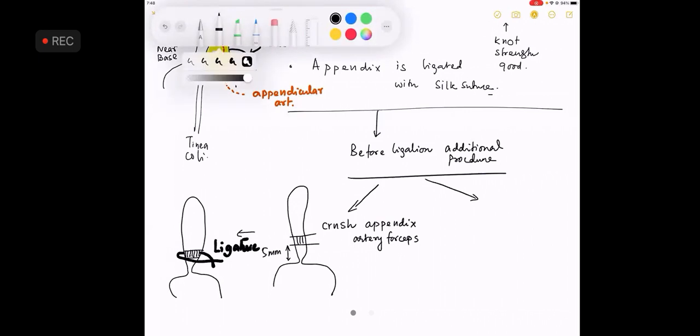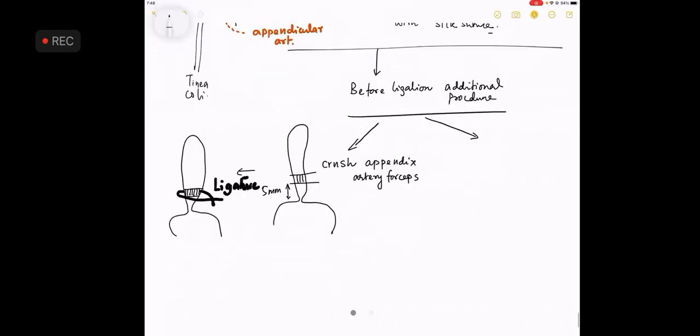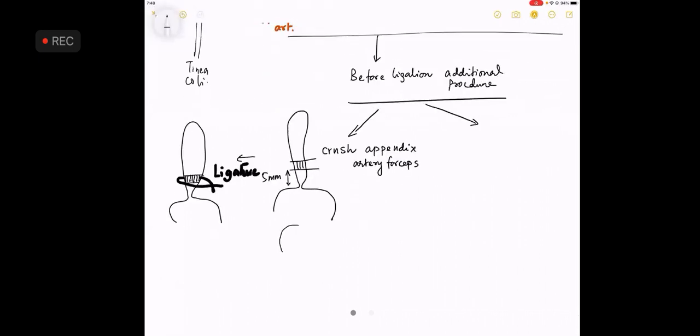Now, if you are wondering what game is going on, the answer for this is, if this is the lumen of the appendix before crushing, if you crush the lumen, remember that the lumen is occluded. So it is after crushing.